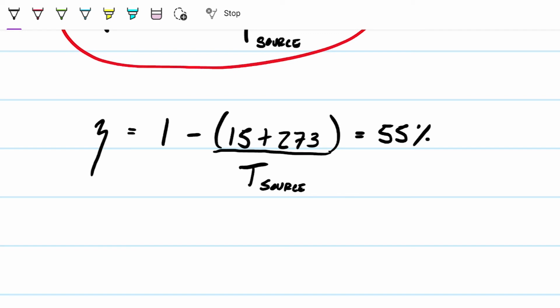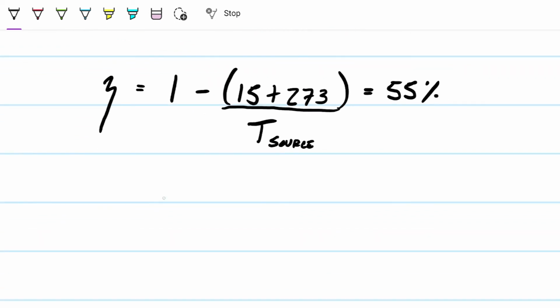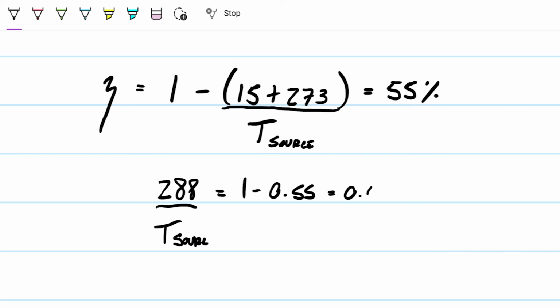Okay, if that's 55%, then I can invert this T source. This is just going to be 1 minus, let's just send this one to the other side. So this is going to be 0.55 of my 288. So I'm going to invert this, and it's going to be 288 over T source. That has to be equal to 1 minus 0.55, and this is 0.45.